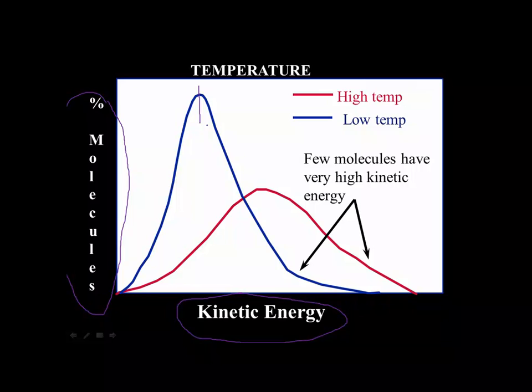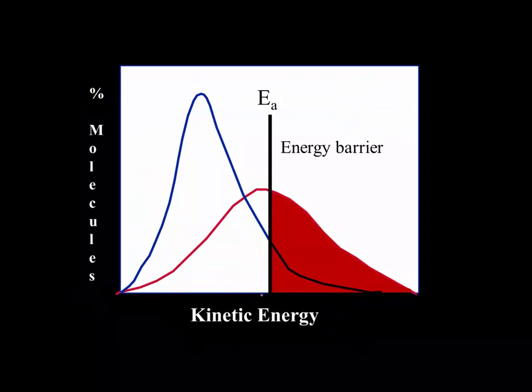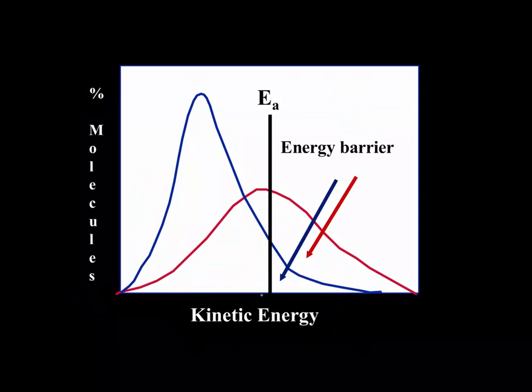Most of the molecules have that. At your higher temperature, that curve broadens and flattens so that you have more molecules having a greater amount of kinetic energy. Energy barrier, T2, more molecules have that necessary energy.